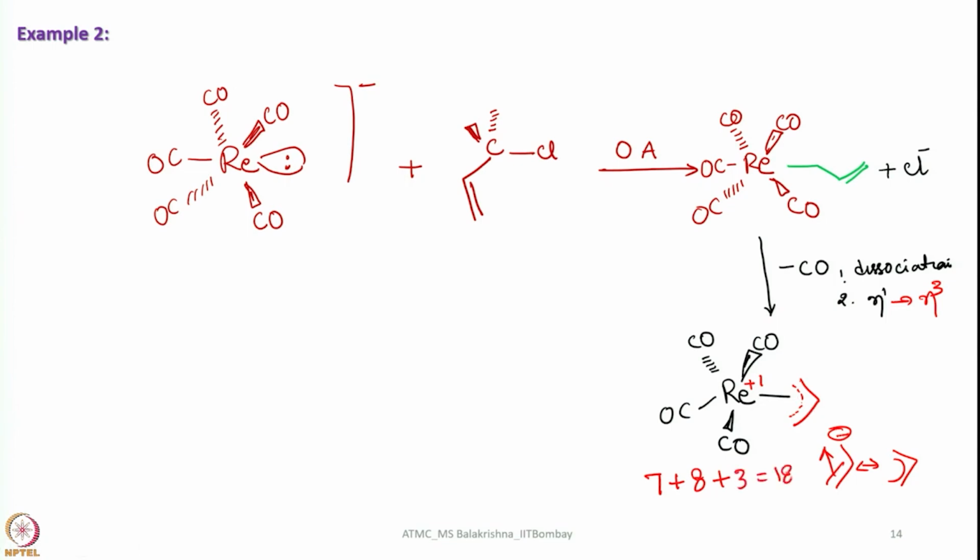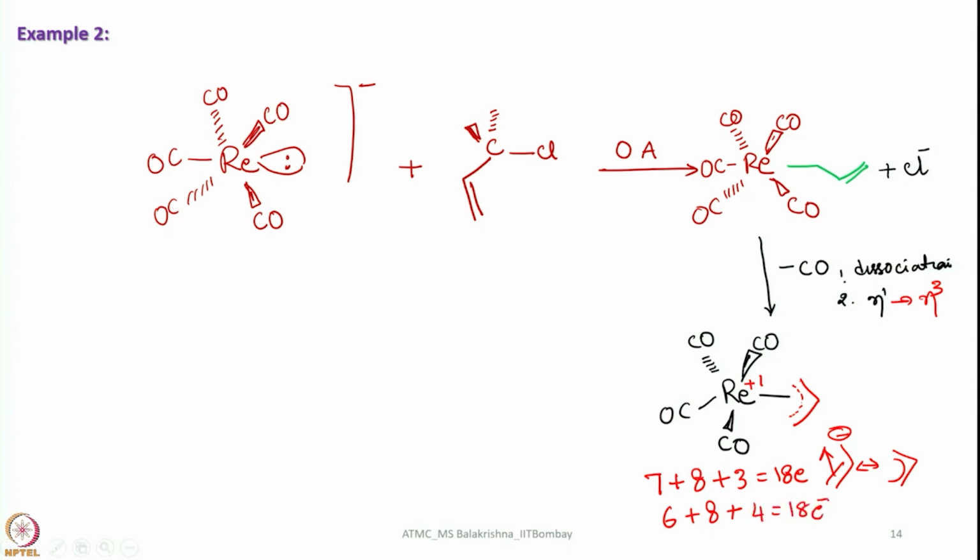This is an 18 electron species. In the ionic method this is 6, 1 electron is gone, 6, and of course 4 ligands are giving 8. And now this is a 4 electron donor, allyl group, anionic allyl. So, it is an 18 electron species.